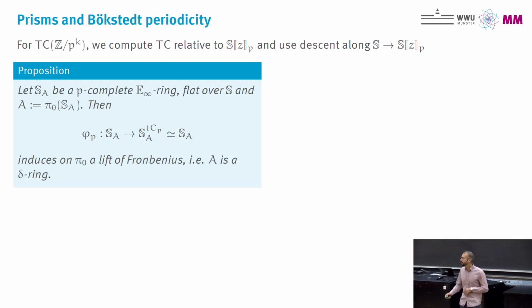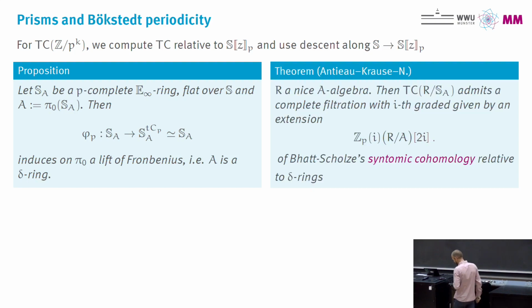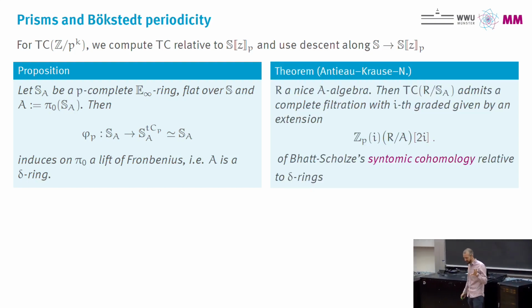And now what you want to do is calculate relative, I mean, the example we have in mind for SA is S bracket Z. And now you can try to calculate this TC relative to this SA. And it turns out that this can be given by an algebraic theory.